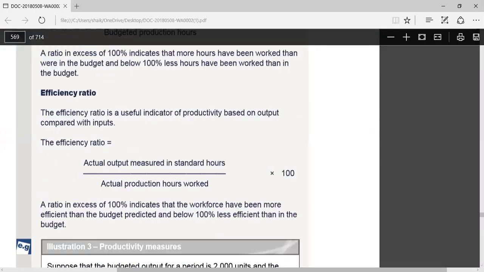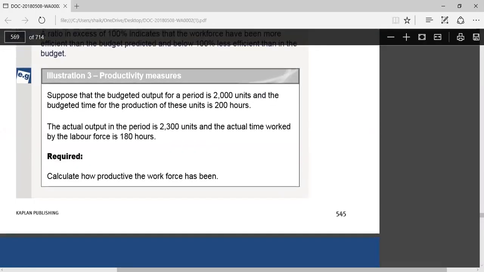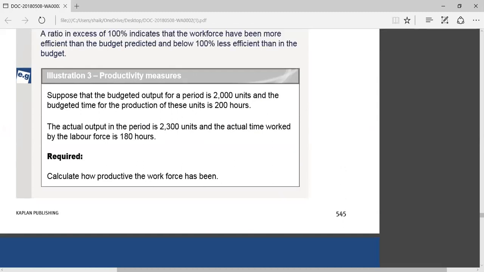Okay, so this is the question that we are discussing right now. Suppose that the budgeted output for the period is 2000 units, and the budgeted time for the production of these units is 200 hours. And the actual output for the period is 2300 units, and the actual time worked by the labor force is 180 hours. Let me write all these factors before doing this question.